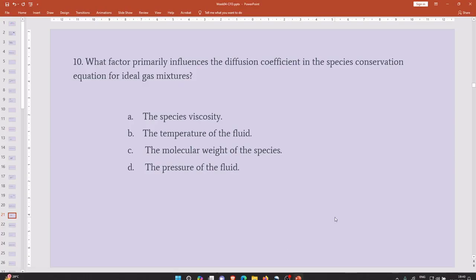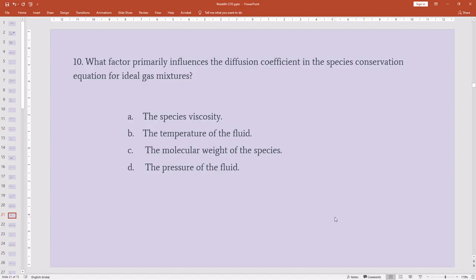Okay, the question was about ideal gas mixtures. For ideal gas mixtures, the diffusion coefficient in the species concentration equation is primarily influenced by which of the following.